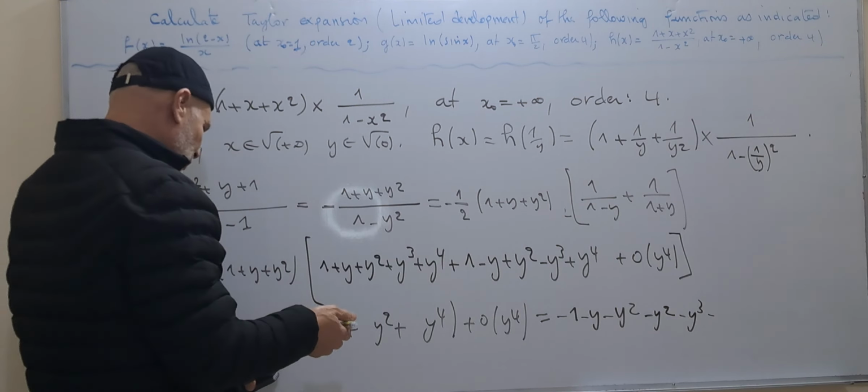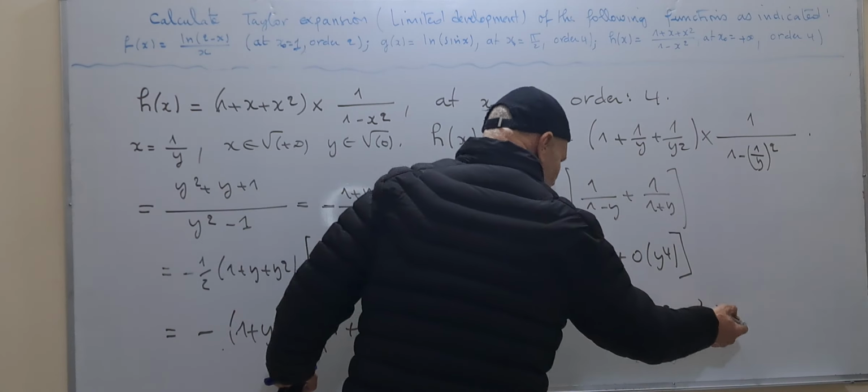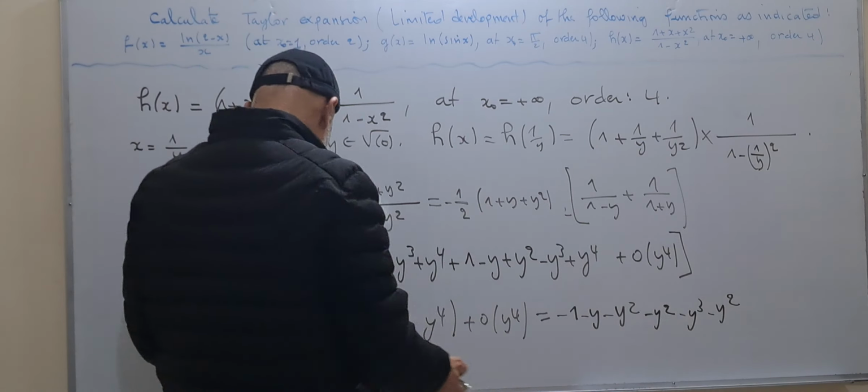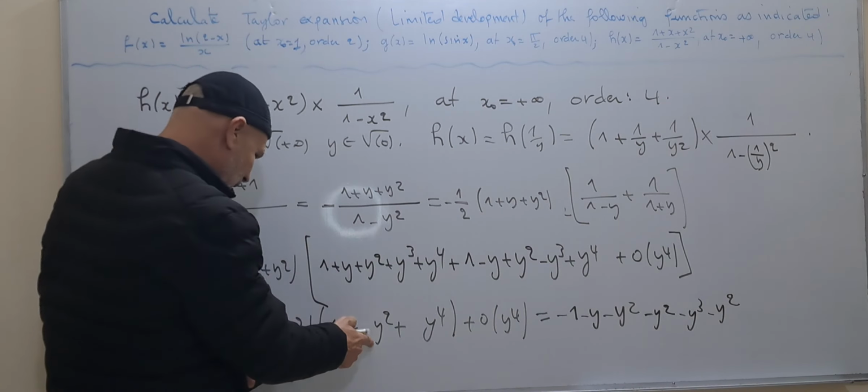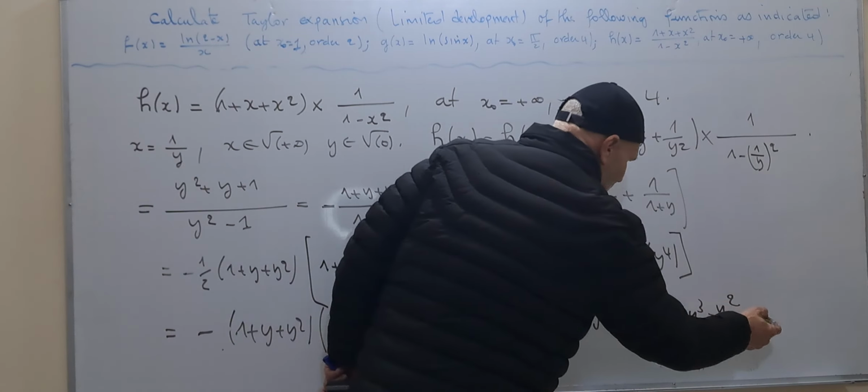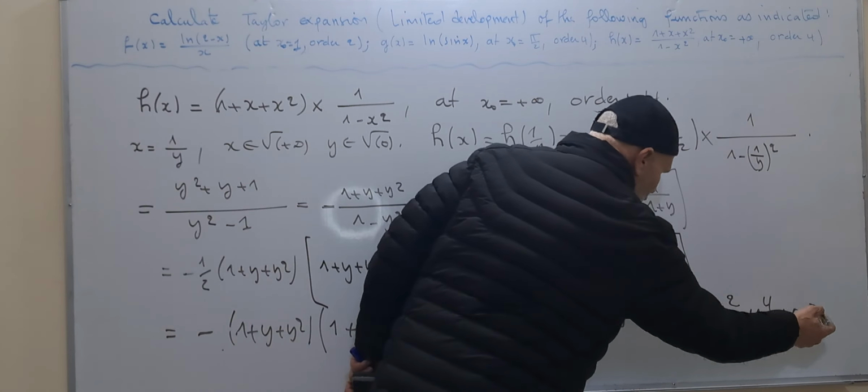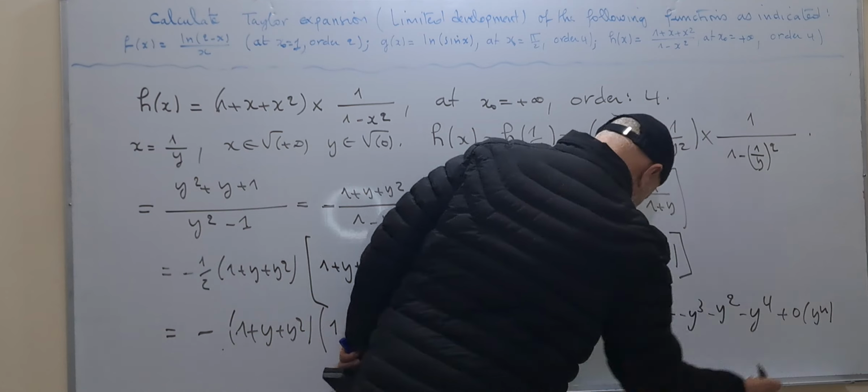For this one, we keep minus y squared, and we keep minus y power 4 plus y power 4.